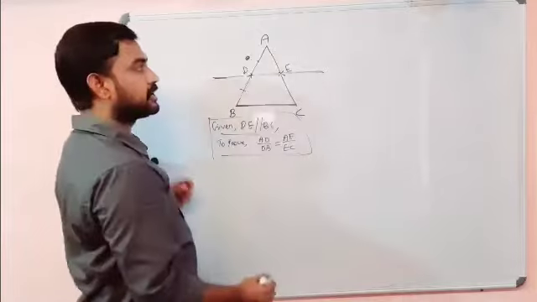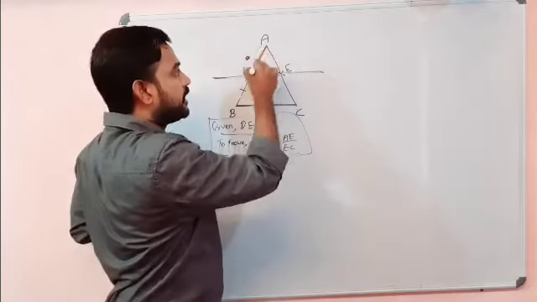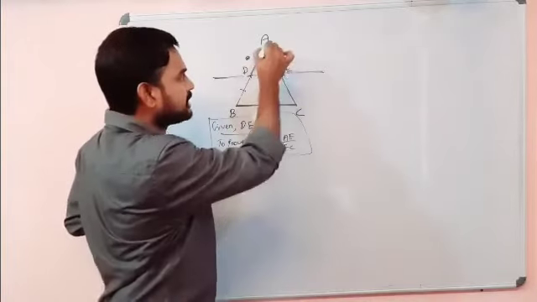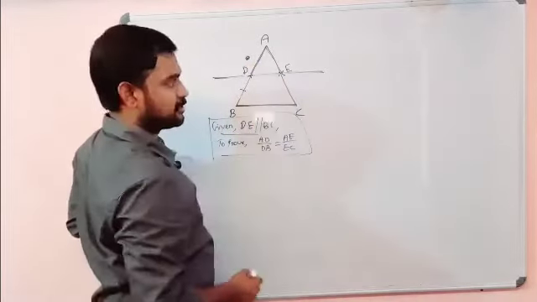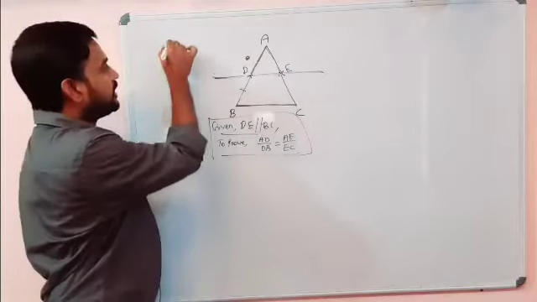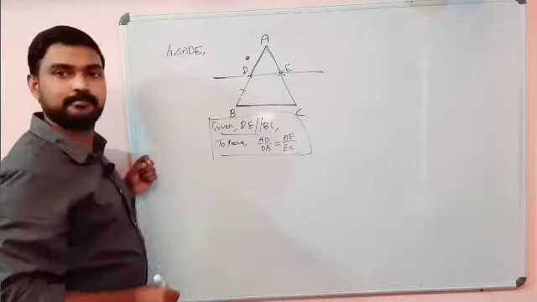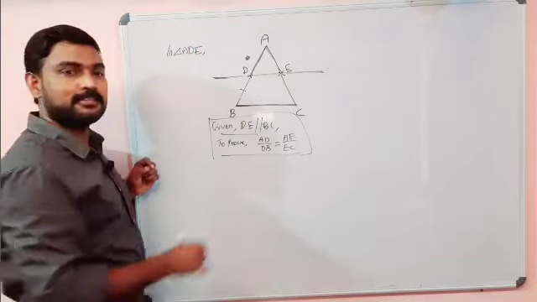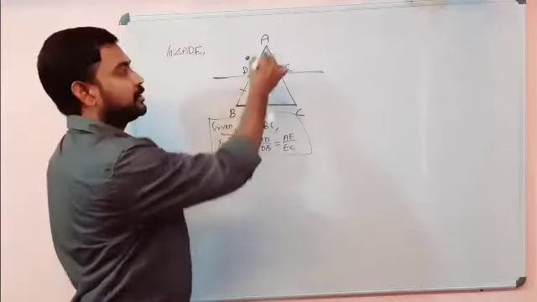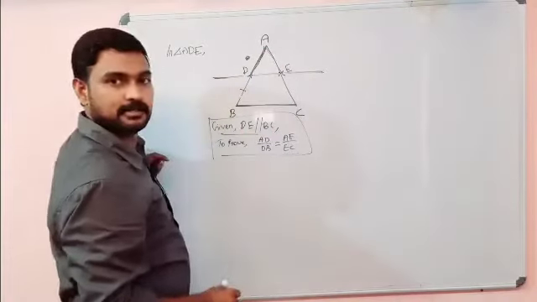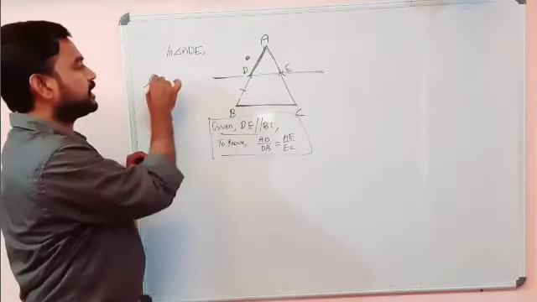Just come with me and stay here. If you stand here, you can see this line AD, and there is a triangle ADE. So in triangle ADE, you are standing here, you can consider AD as the base. Then how can we find the area of triangle ADE?